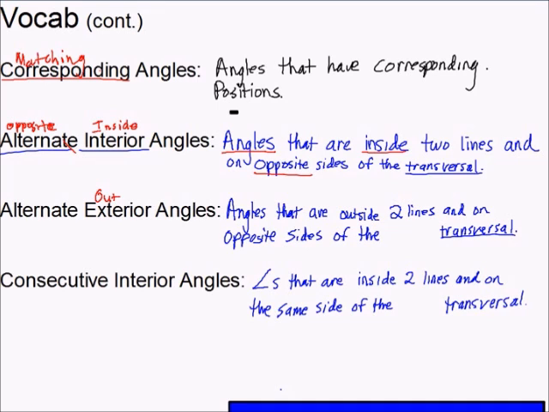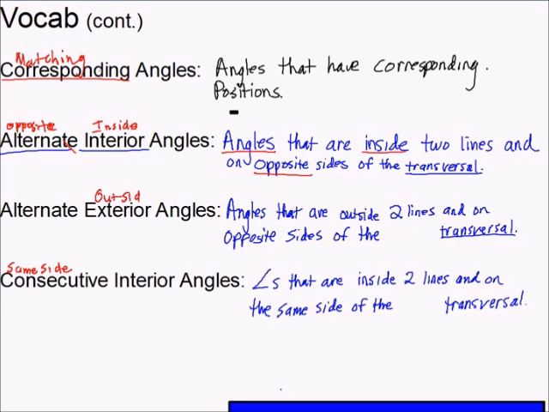Exterior means outside. So look at your description: you have two angles that are outside of two lines and on opposite sides of the transversal. Consecutive means same side, and it's going to be inside. So angles that are inside two lines and on the same side of the transversal.